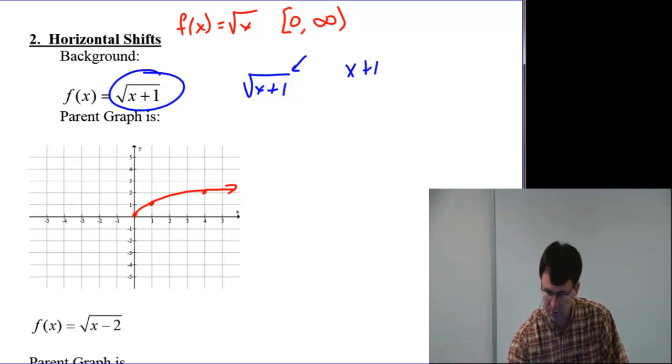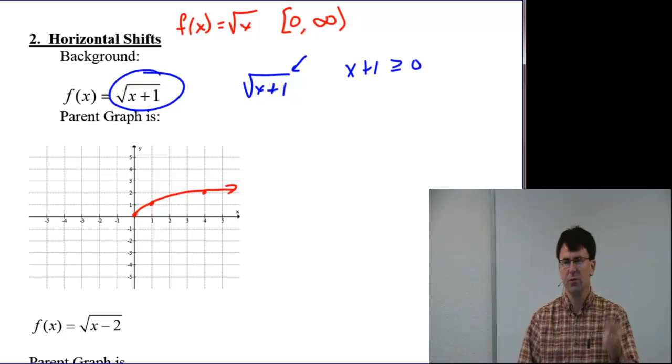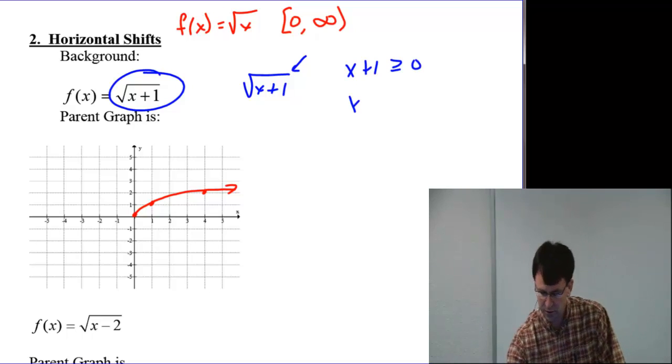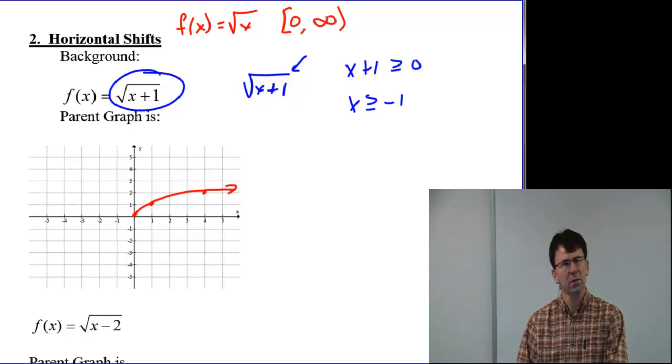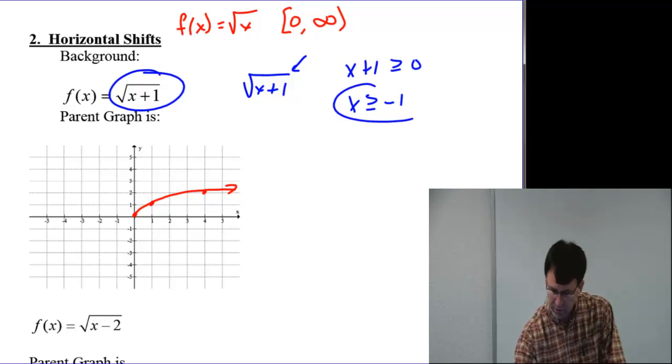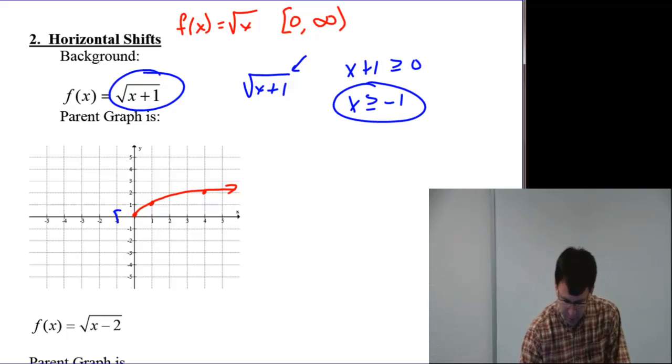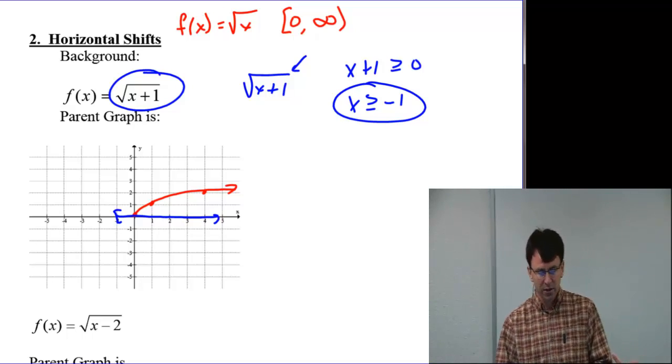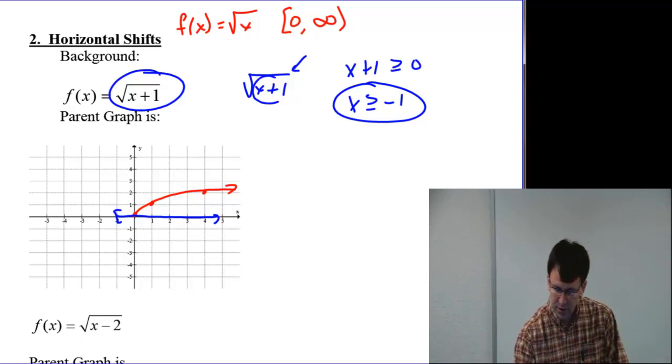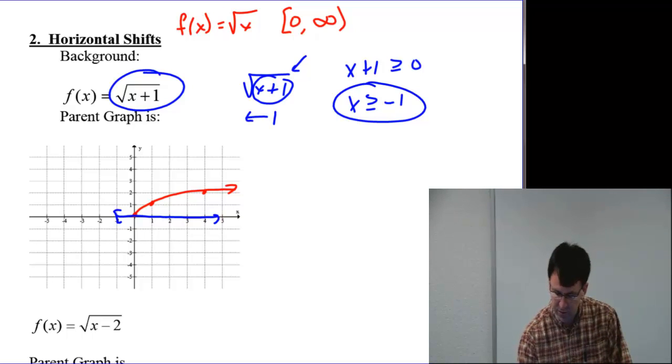Well, x plus 1 has to be greater than or equal to 0 by the definition of the square root. So x has to be greater than or equal to negative 1. That domain starts at negative 1 and goes on. So this x plus 1 is actually a shift to the left 1.